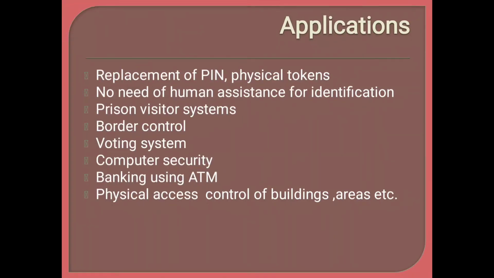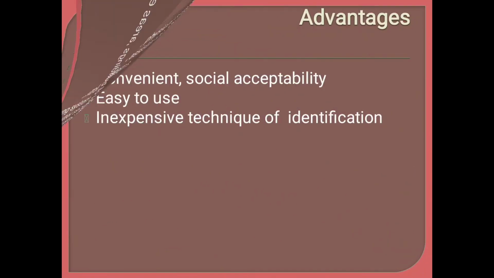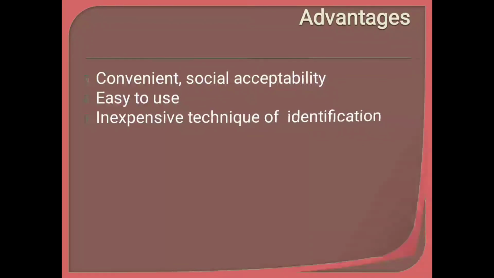The applications of facial recognition are replacement of PIN or physical tokens, no need of human assistance for identification, prison visitor systems, border control and voting systems, computer security, banking using ATM, physical access control of buildings and areas, etc. The advantages of facial recognition are that it is easy to use, has convenient social accessibility, and is an inexpensive technique of identification.